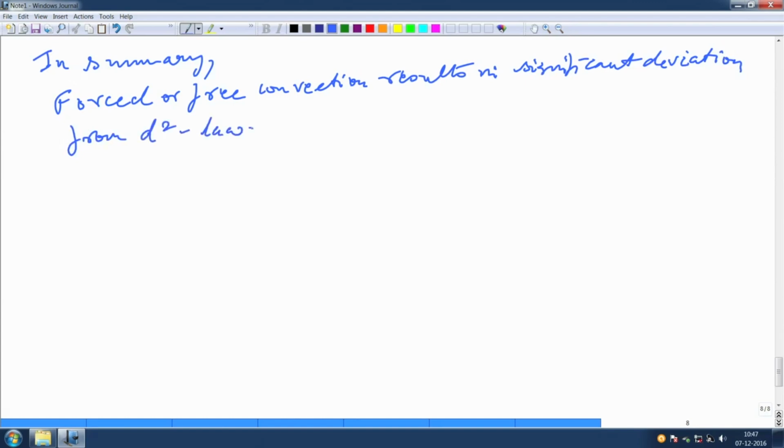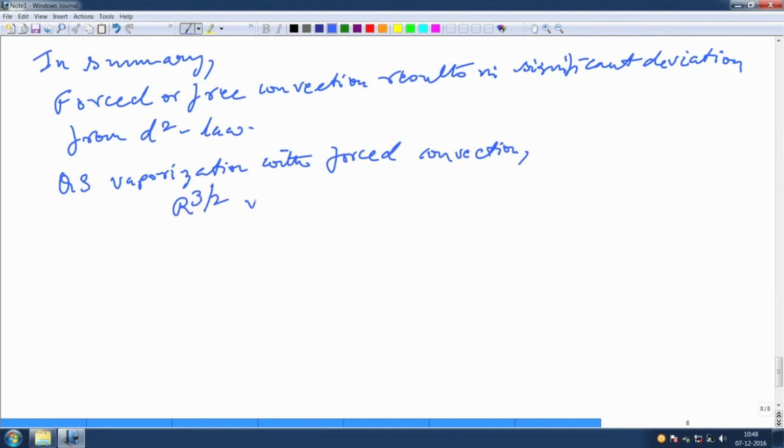There is significant deviation from the d square law, right, that we have seen, because for the quasi steady, so quasi steady I am writing as QS, quasi steady vaporization with forced convection, what we have is a linear decrease of r to the power of 3/2 versus time. This profile is linear, right, that we know, this we did earlier, right.